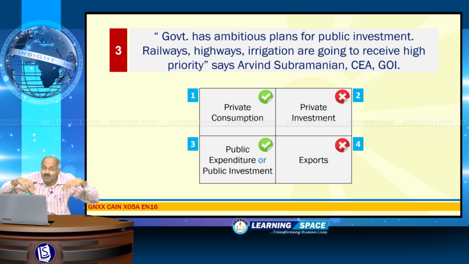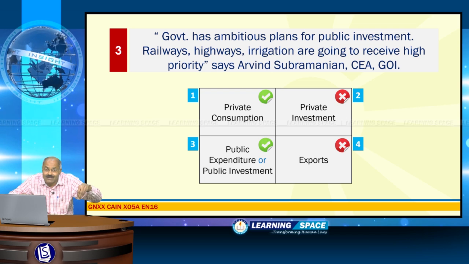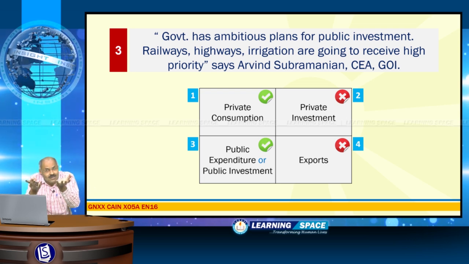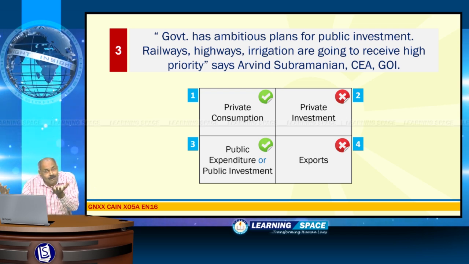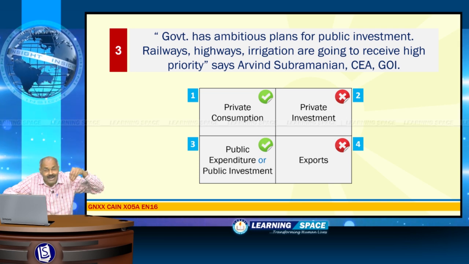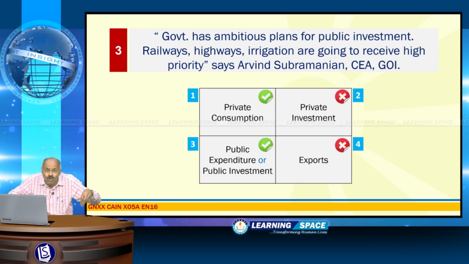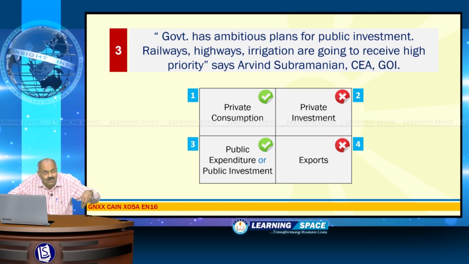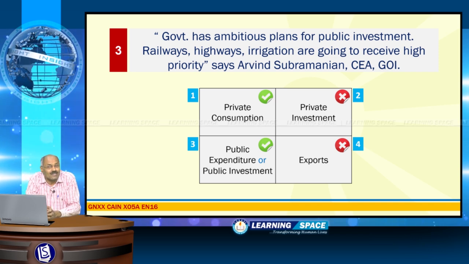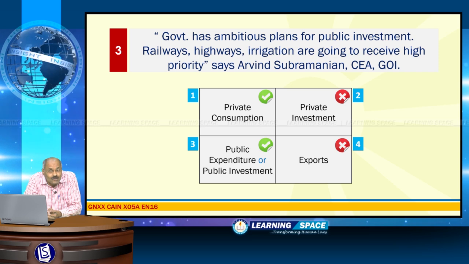In cases of economic downturn, the main action taken by governments is to increase public expenditure, and subsequently what will happen? Private investment will crowd in. So, the right thing to be done by government at this juncture is, please go for more public expenditure. This is the meaning of the statement of Chief Economic Advisor to Government of India, Arvind Subramanian.